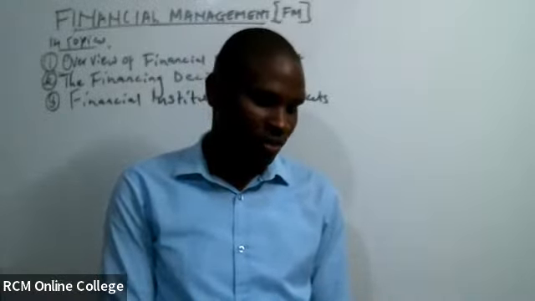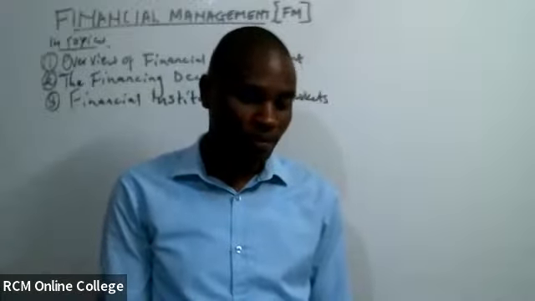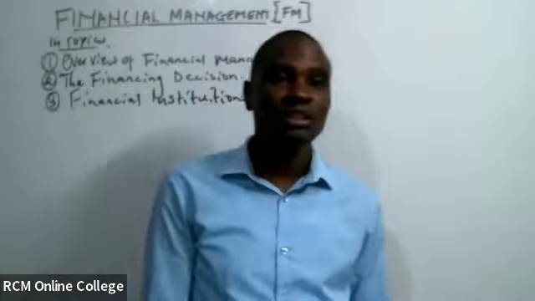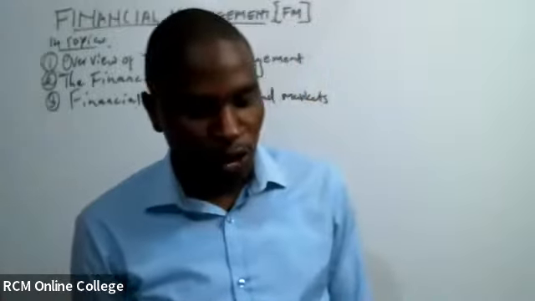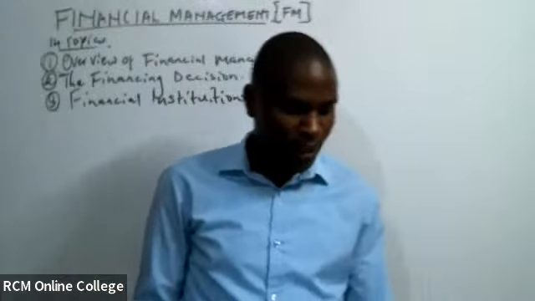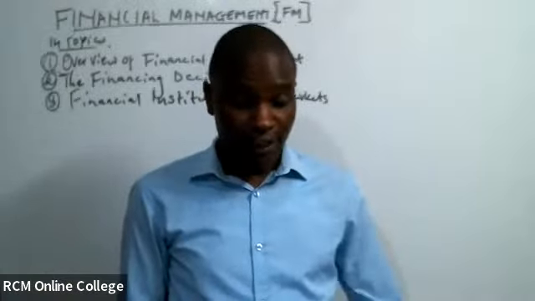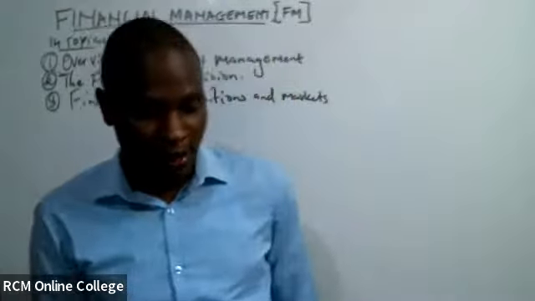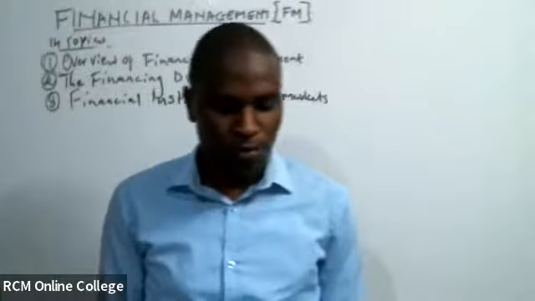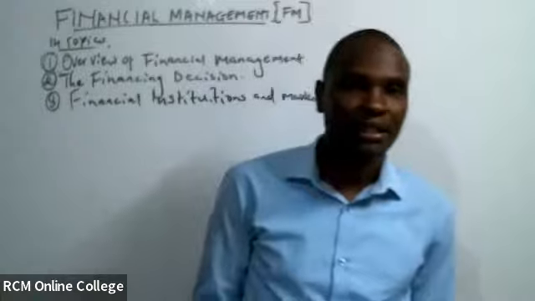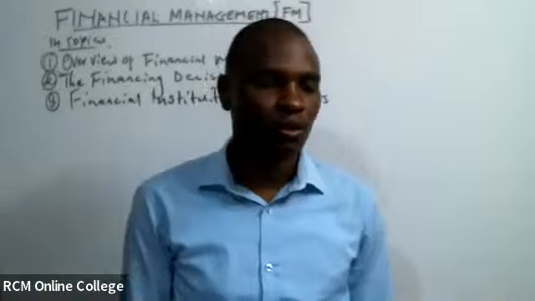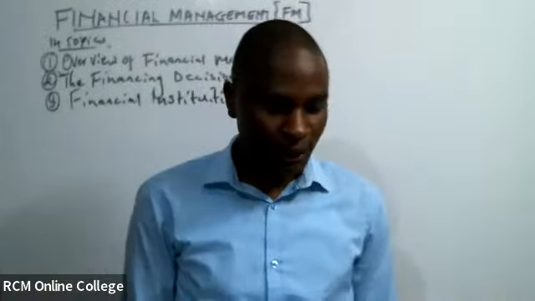We shall look at the overview of our financial system, the nature and role of financial markets, the Nairobi Securities Exchange, that is NSE, and its functions as well, stock market indices, the central depository system, and the automated trading system. We shall look at their functions as well.